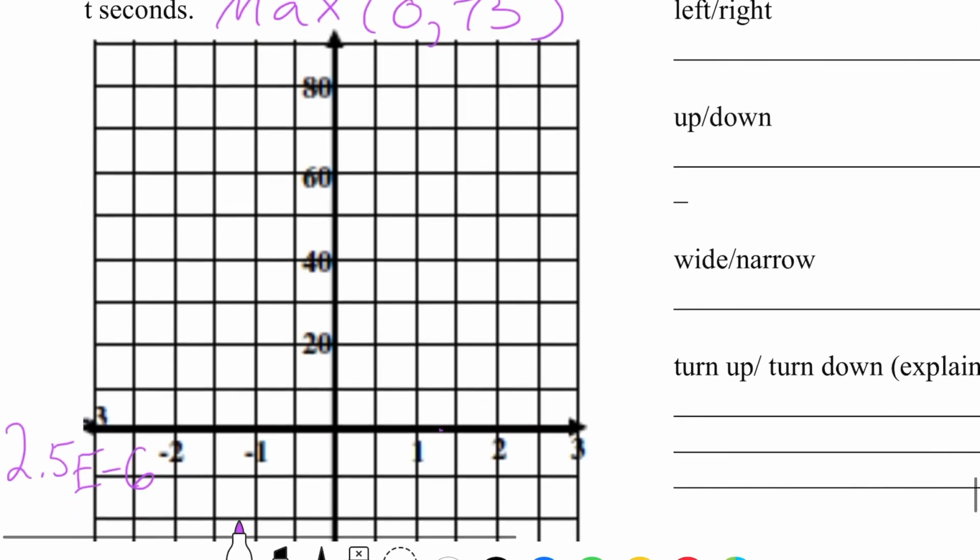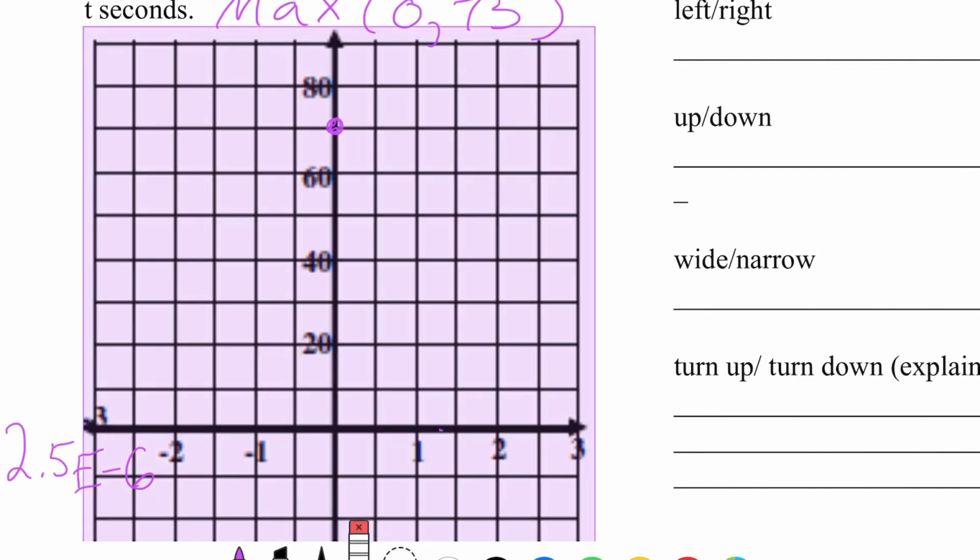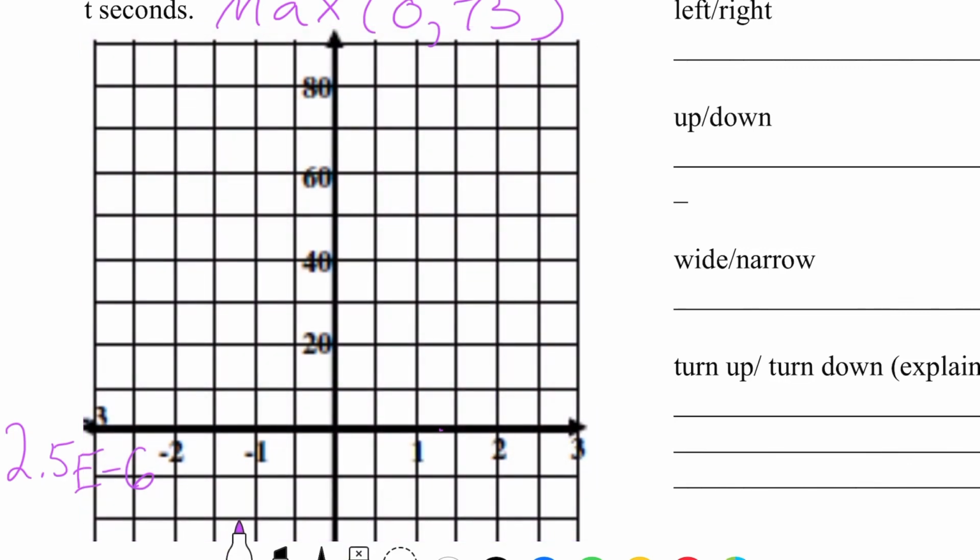So you can go ahead and graph that on your graph. 0 means moving none right or left and just going up 0.75, which is somewhere right in here. And then we're going to go to our table, so second graph, and get some points around that 0 or 0.75.